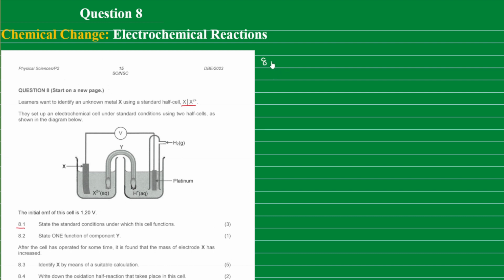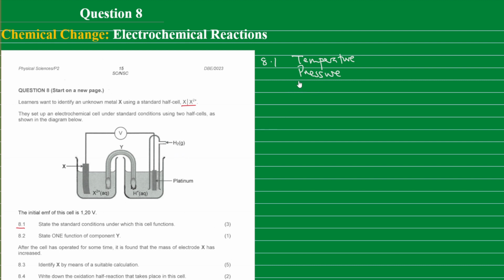So for 8.1, we know that we have three standard conditions, which are temperature, and then also pressure, if your substances involve a gas, like here where hydrogen is being pumped, so pressure will apply.